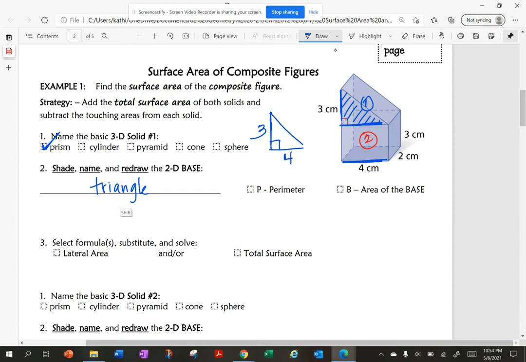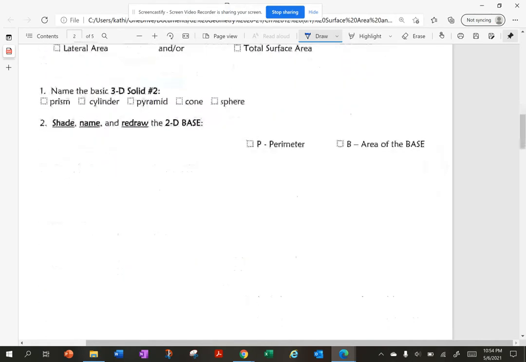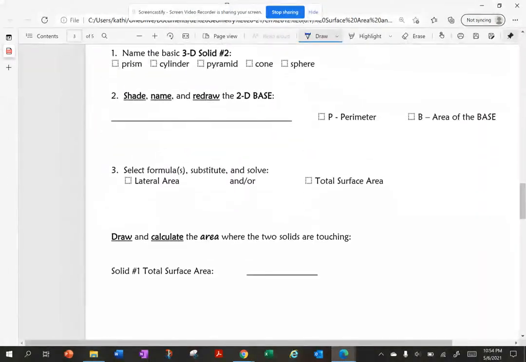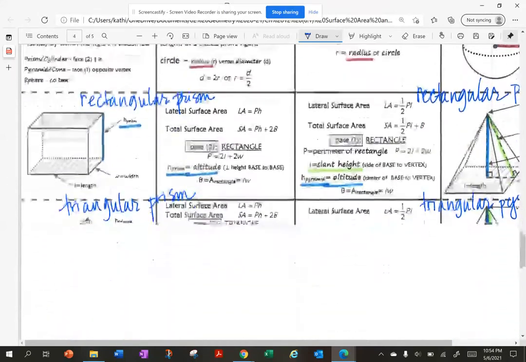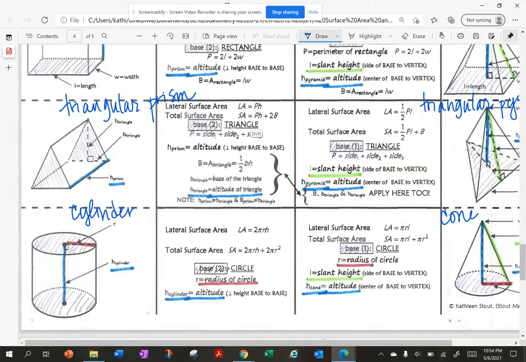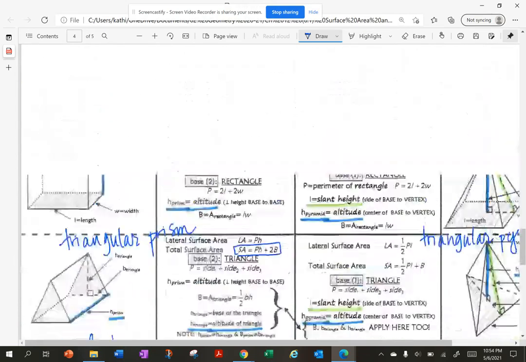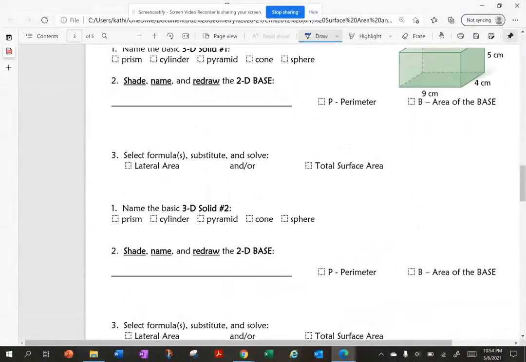So for a triangular prism, the formula for the total surface area is P times H plus 2B. That's from our foldable from before.